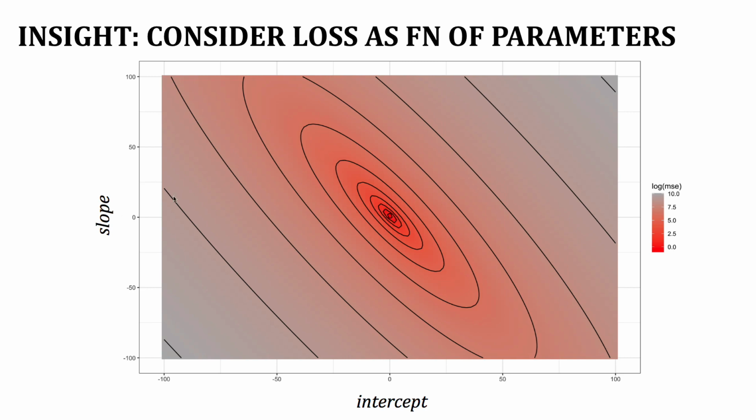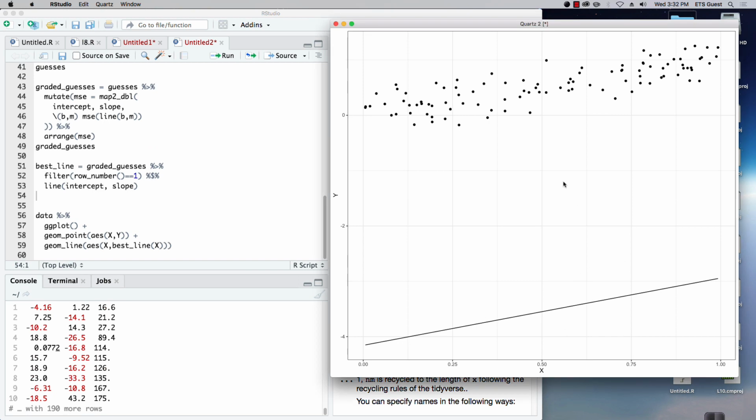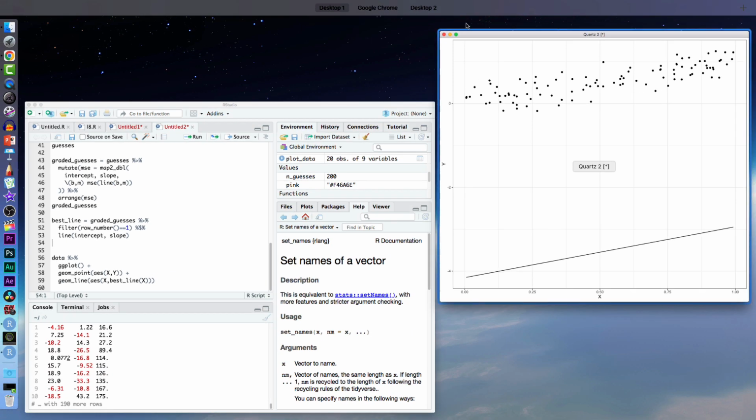It turned out that our closest dart was like slope equals -4, and intercept was -4, and the slope was like 1 or something like that. So our closest dart was here, and the truth is here. In terms of the colors that looks pretty good, but there's actually still a big gap, and we saw that when we looked at the plot. That's pretty far from our data.